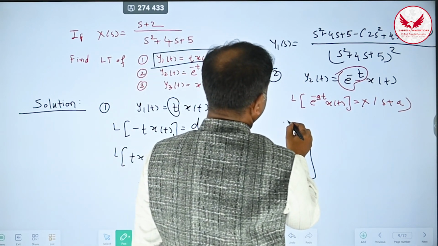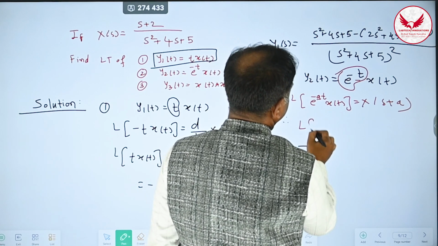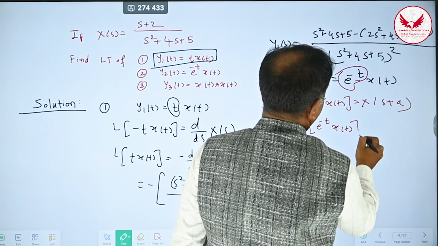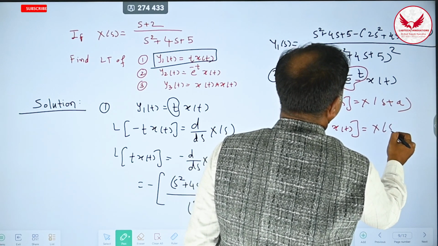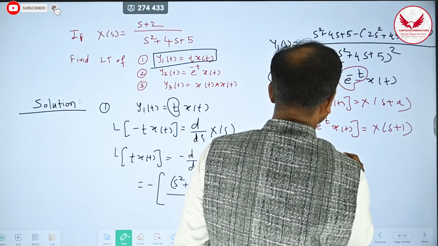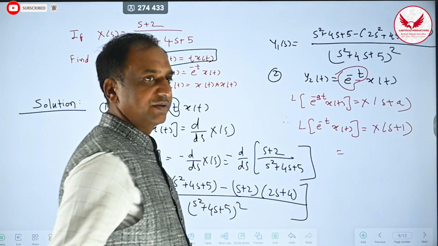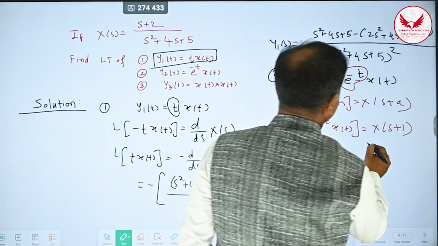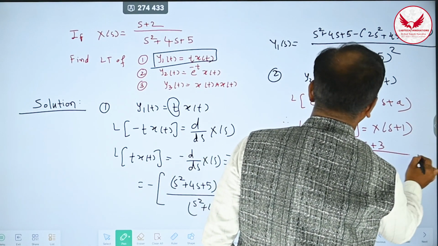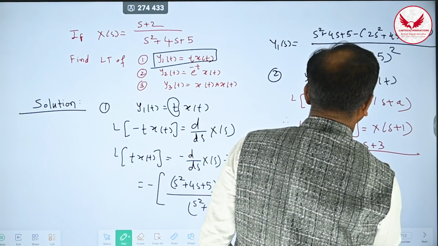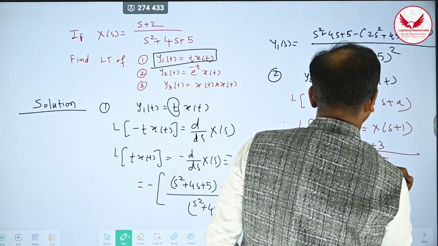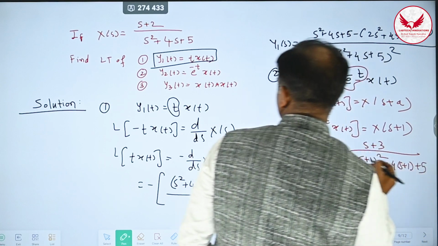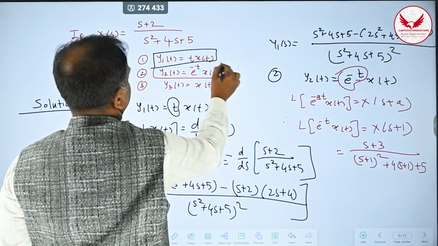Therefore Laplace transform of e raised to minus t into x of t is equal to x of s plus 1. So wherever s is there, you replace s by s plus 1. So s plus 1 plus 2 is equal to s plus 3 divided by s plus 1 square plus 4 into s plus 1 plus 5. So this problem is also over.